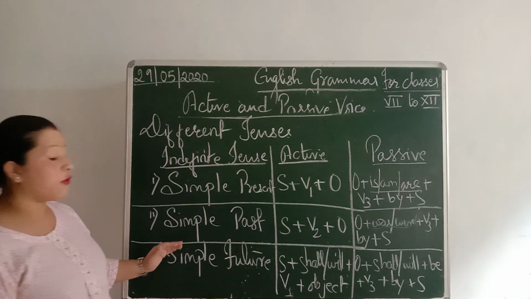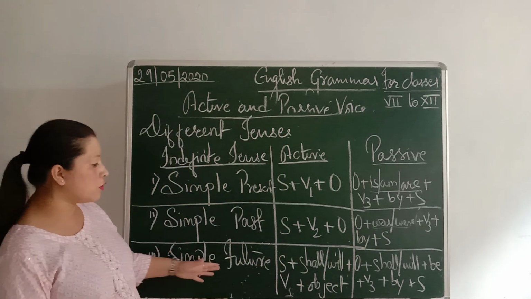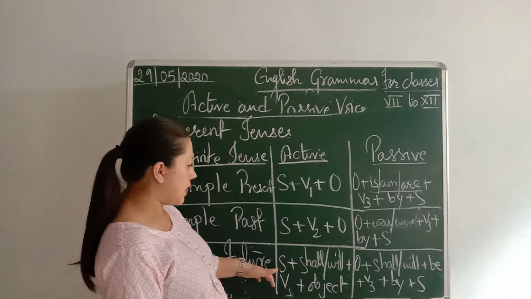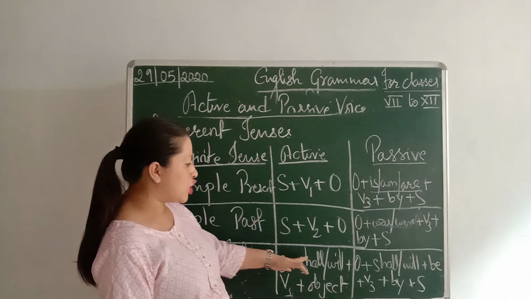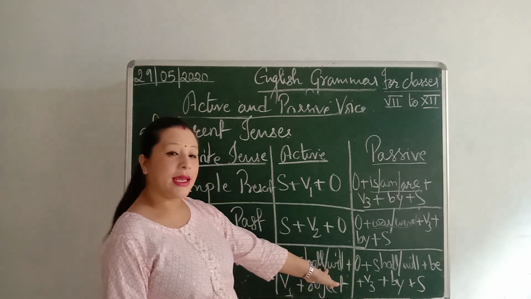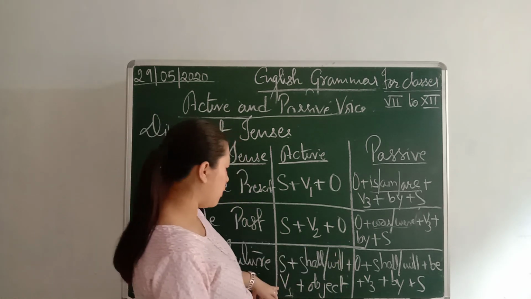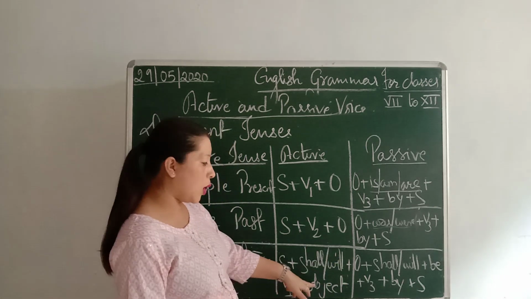So in the simple future tense, in an active voice, you find a sentence in this format: the subject comes first, plus shall or will, these two words describe the future, plus the verb in the first place plus the object.